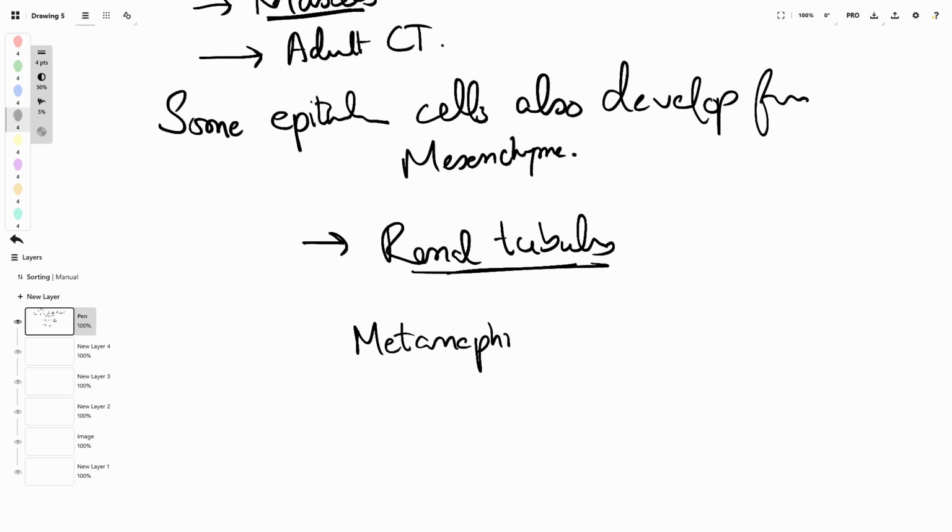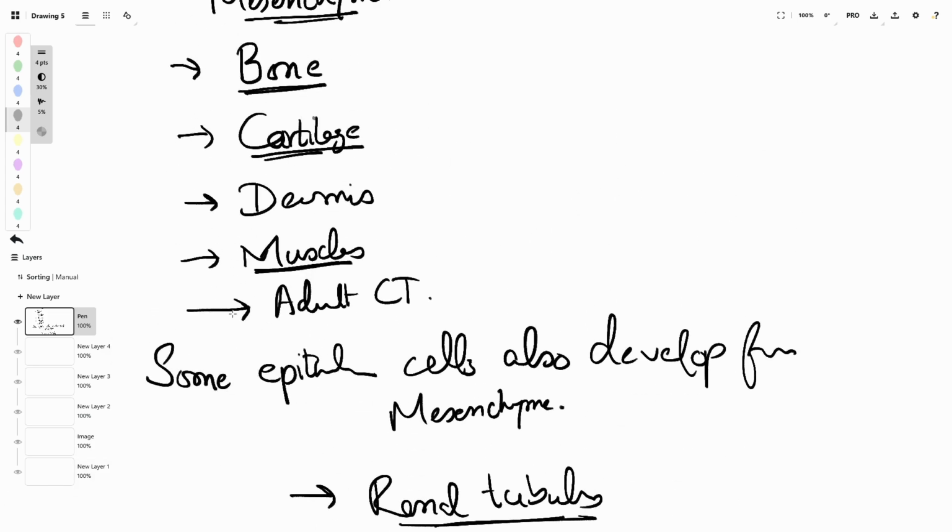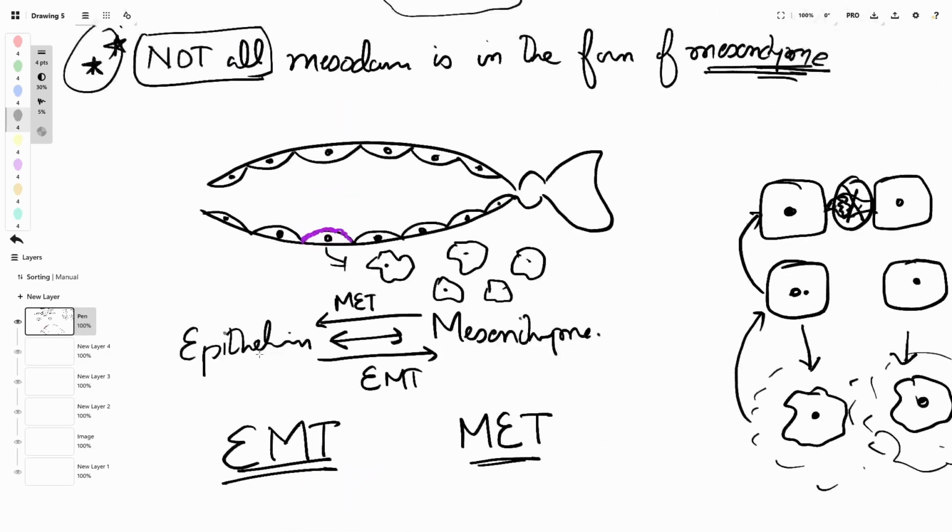The metanephric blastema puts a cap on the developing renal tubules, and these caps form the renal tubules and different structures related with kidneys, and these tubules are basically epithelial in nature. So even some epithelial structures develop from the mesenchyme. That is why mesenchyme is a very, very important structure.